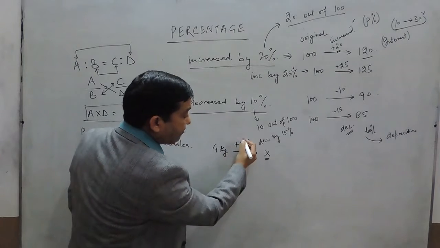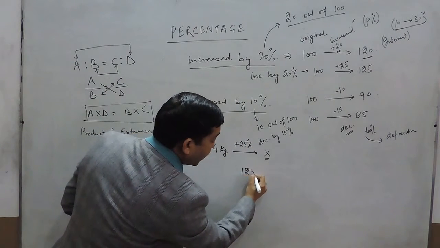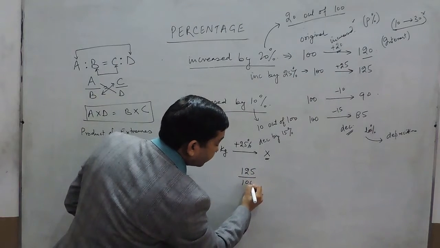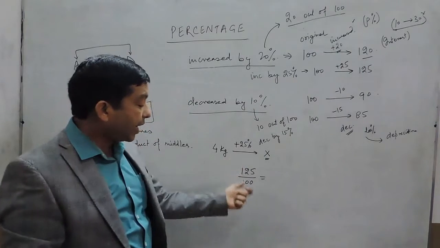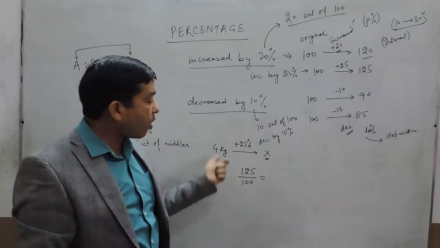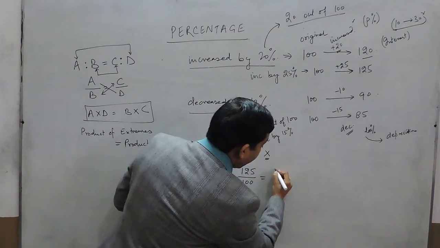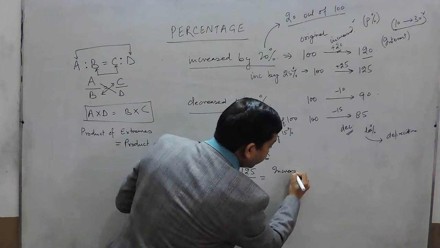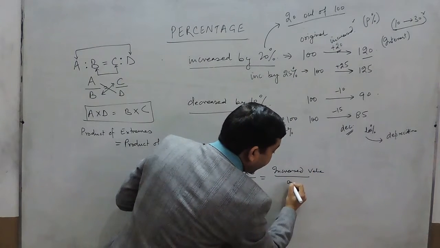When we say 25% increase, that means the value becomes 125 out of 100. Because 25% increase means initially when it was 100, now it has become 125, and this is equal to the increased value upon the original value.